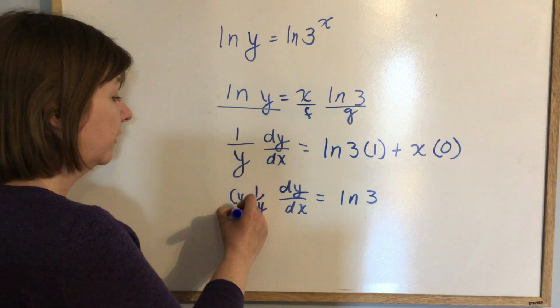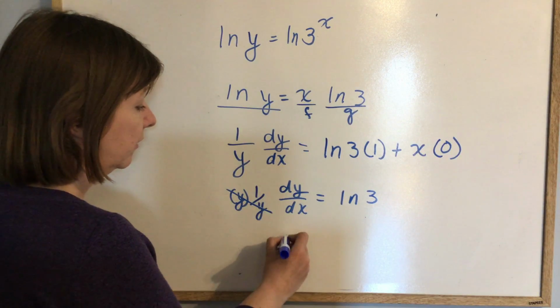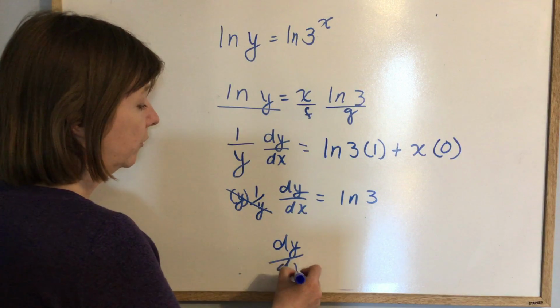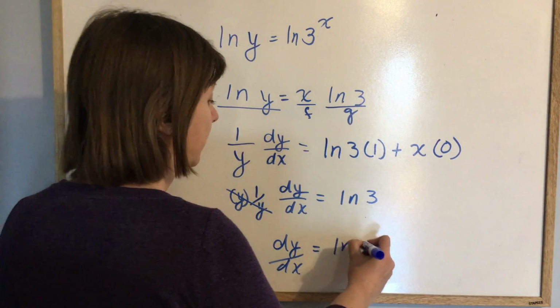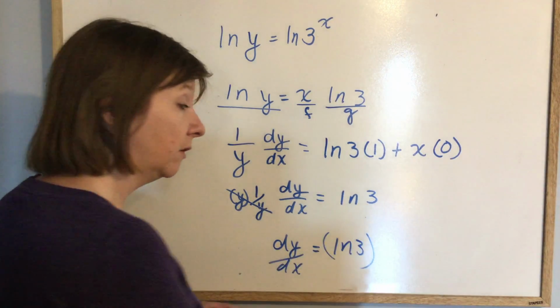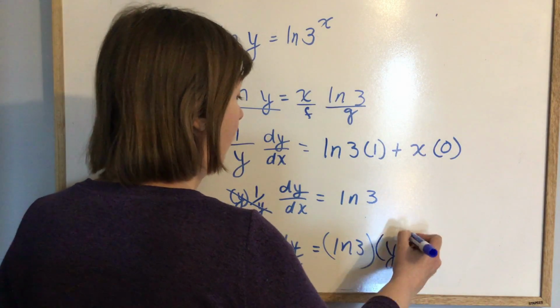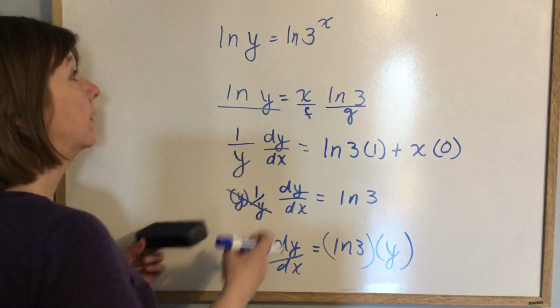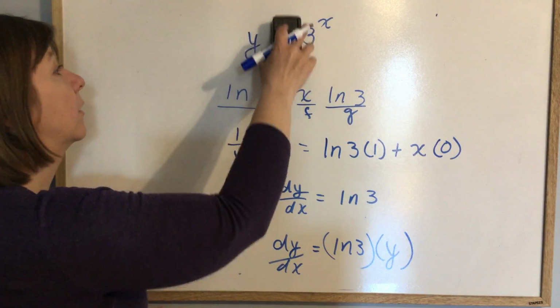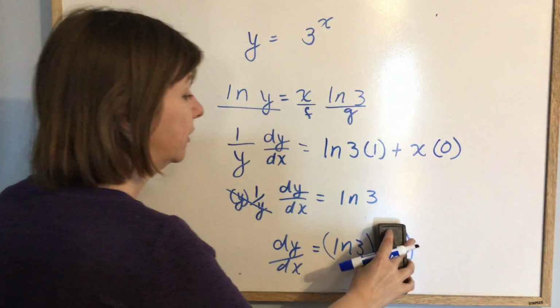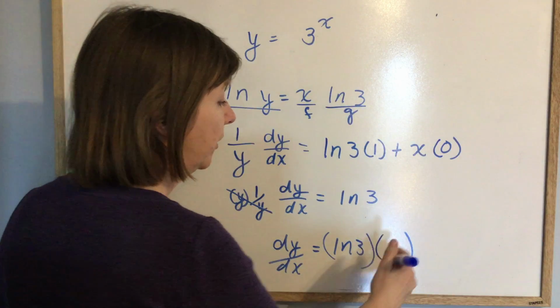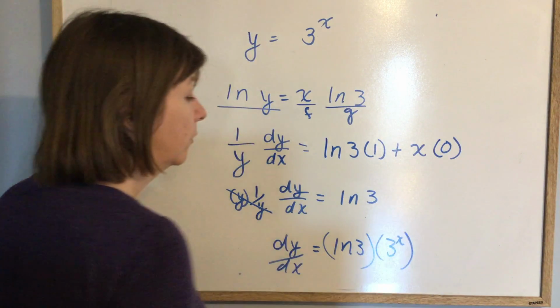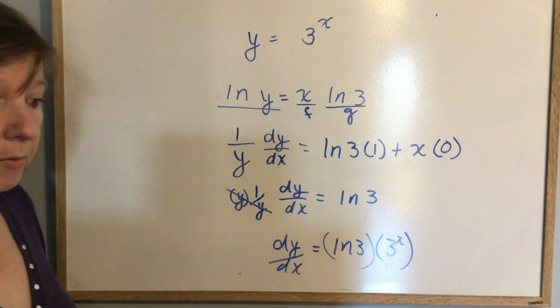I'm going to multiply this side by y, so my y's cancel, and I just have dy over dx. That's going to give me ln 3, and that's all one piece, times y. But up here, at the very beginning, it said y is 3 to the x. So I'm going to replace the y with a 3 to the x, and that would be my derivative.